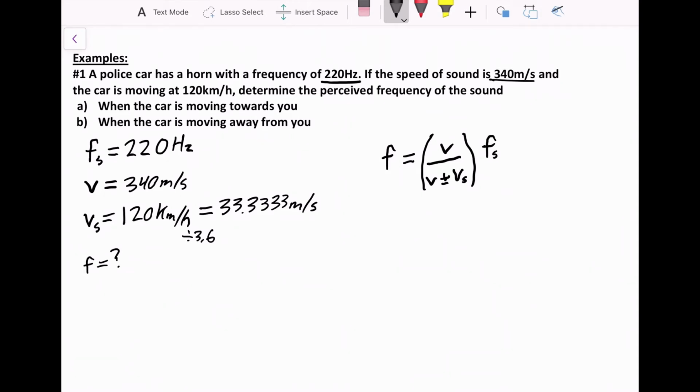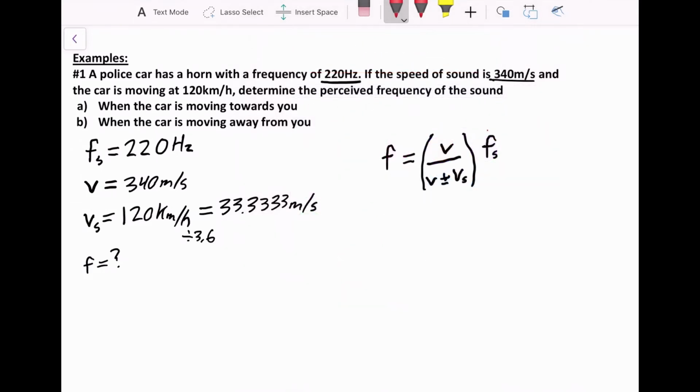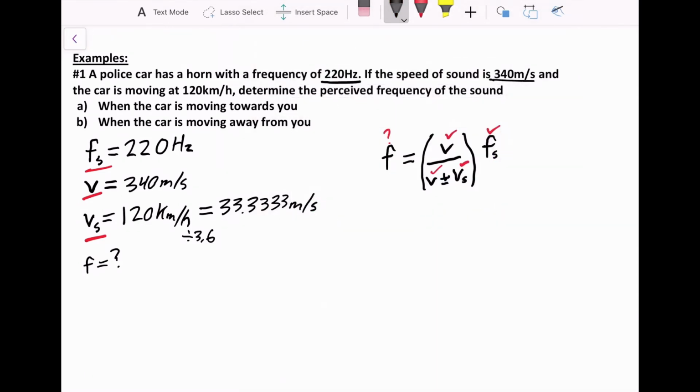So what do we know here? Well, we know the frequency of the source. We've been told that. We know the speed of sound. And we know the speed of the source. So we have everything that we need in order to calculate this frequency, and that frequency is what we're looking for. In this case, we don't even have to rearrange the formula. All we have to do is decide whether we use the plus or the minus.